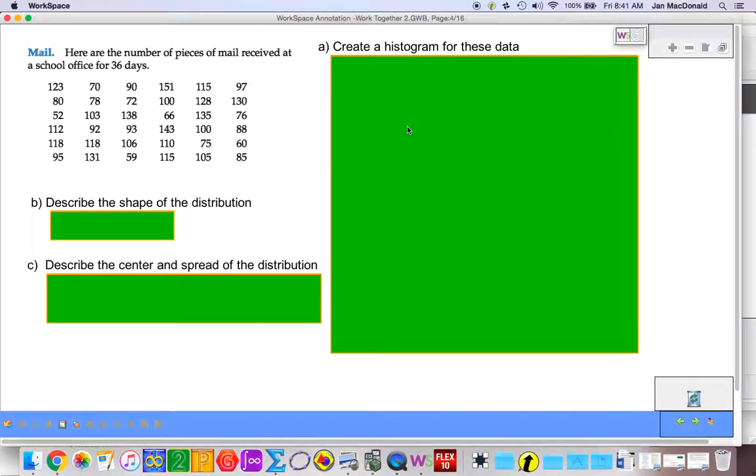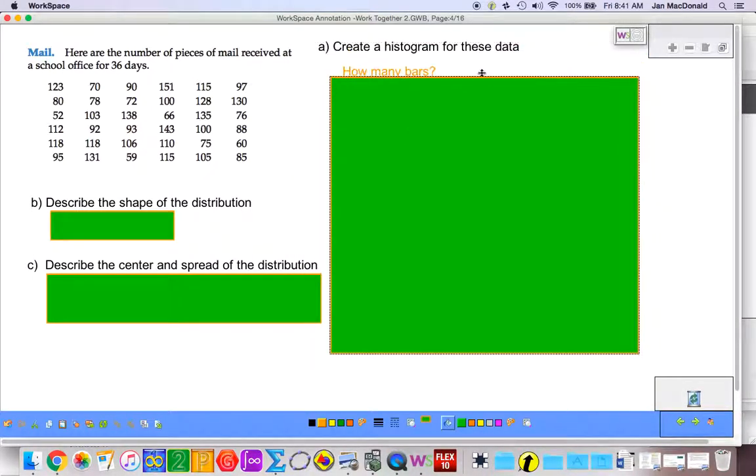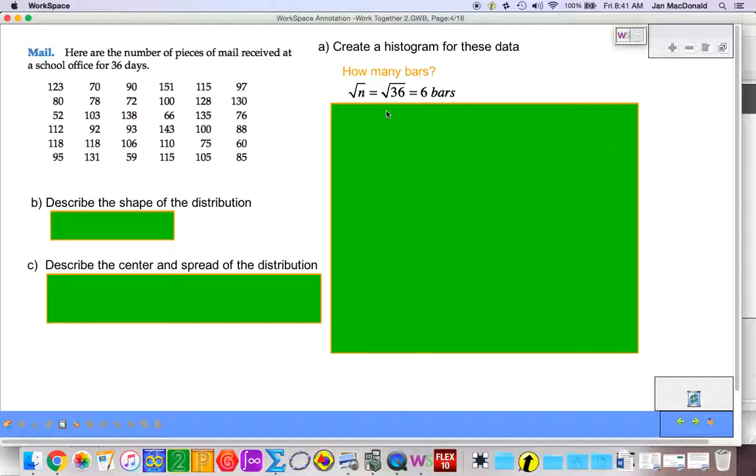Okay, so far we know that we need approximately 6 bars. We determined that by taking the square root of n, and n is the number of data in our prompt. Okay. Now we need to determine bin width.